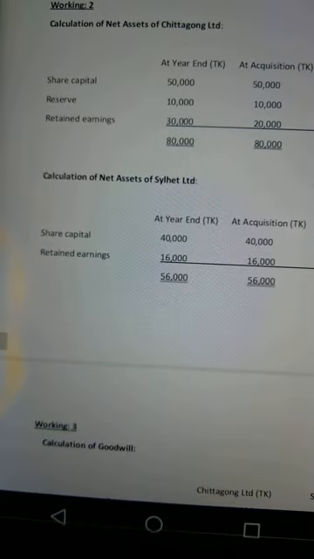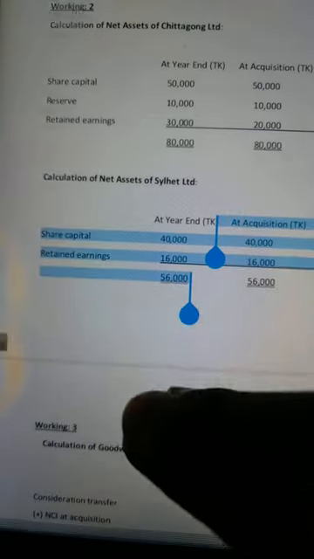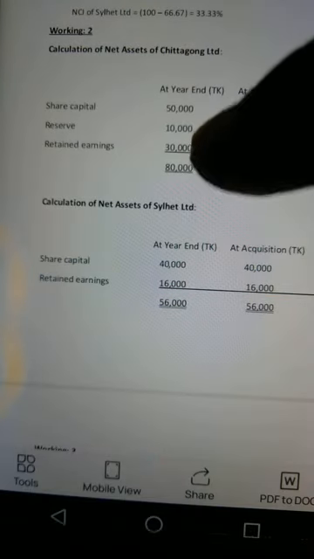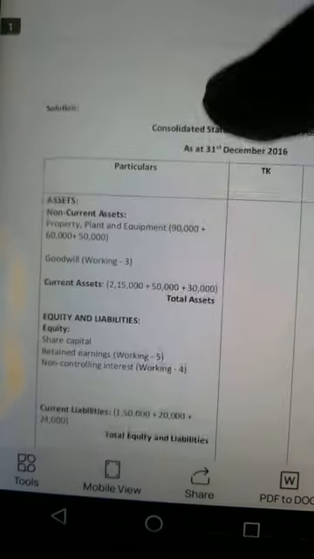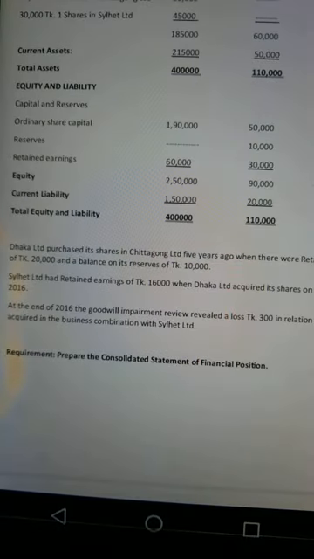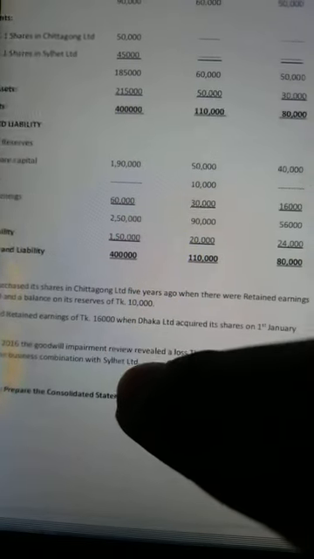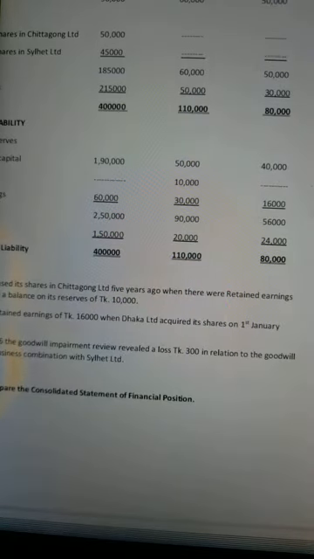Now, Chittagong Limited has more information than Sylhet Limited, which includes reserve. Let's go to the table. Here it is, look, we have reserve. Dhaka and Sylhet don't have any reserve, but Chittagong Limited has a reserve, which is 10,000.